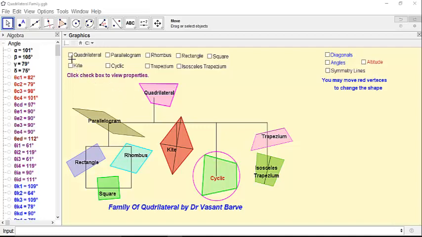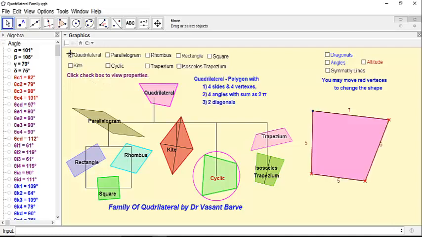If you just say quadrilateral, then we get here a polygon with 4 sides and 4 vertices. There are 4 angles also. See, if I click on angles, you'll see all these 4 angles, and you'll see that they may all be different.